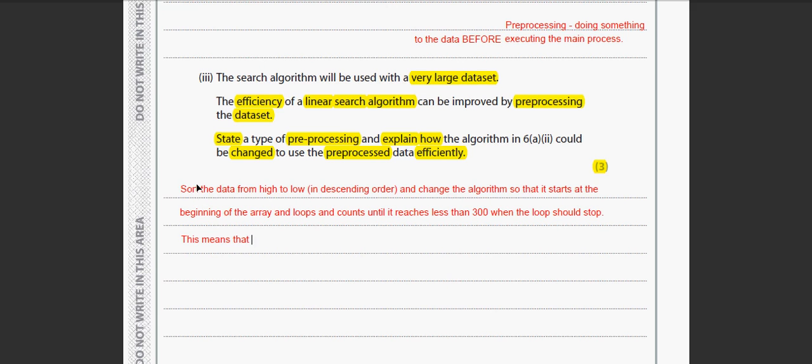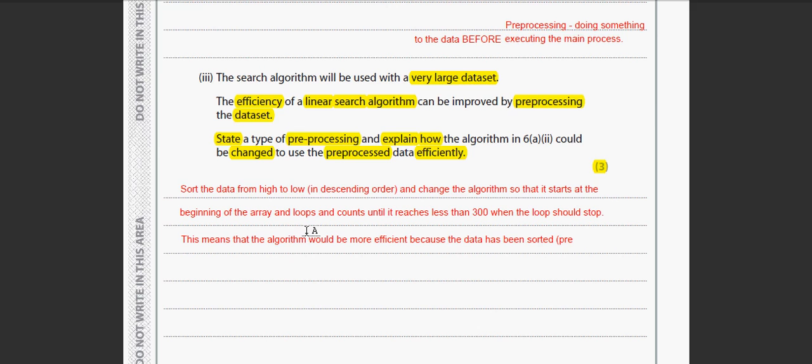So I might change my words. Sorting the data from high to low is a type of pre-processing, and this changes so it starts at the top. This means that the algorithm, now I'm going to use the words in the question, would be more efficient because, okay, explain because the data has been sorted.